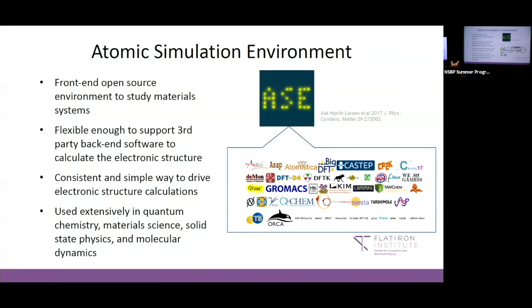It's a simple way to drive electronic structure calculations, and it's used already extensively within quantum chemistry, material science, solid state physics, and molecular dynamics. So the graphic that you see here shows all of the different types of third-party software that can all feed into ASE, Atomic Simulation Environment.